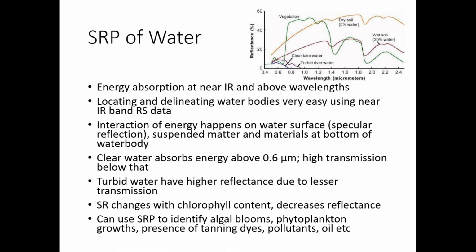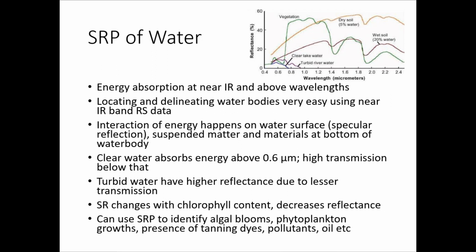Further, if you look at water with high chlorophyll content, what can happen? If there is an algal bloom or phytoplankton growth, the chlorophyll content will increase, right? Generally your overall reflectance is going to drop, isn't it?